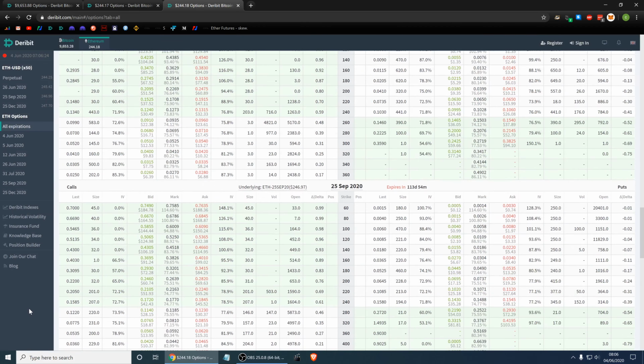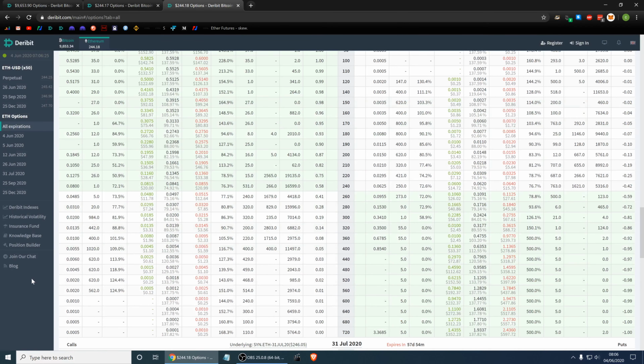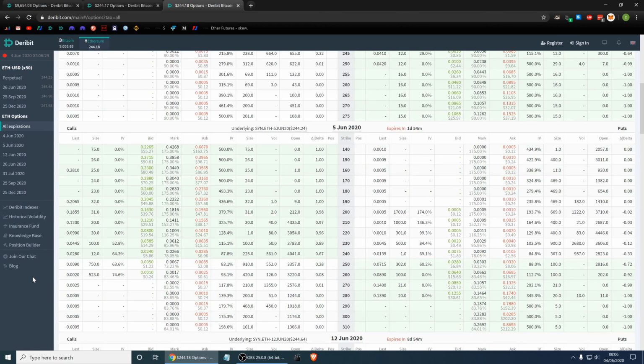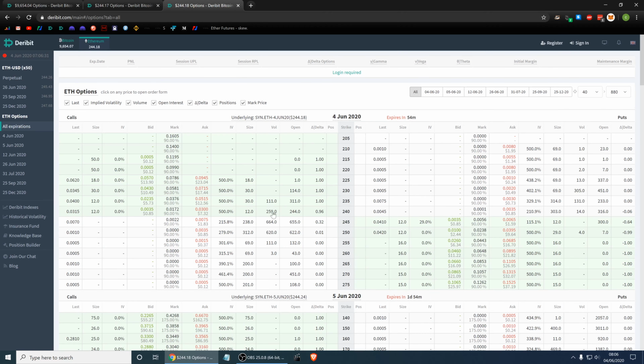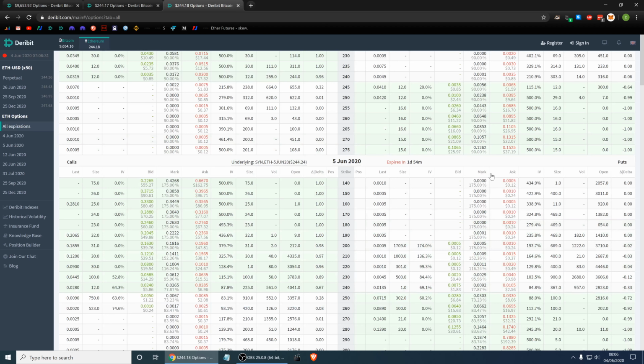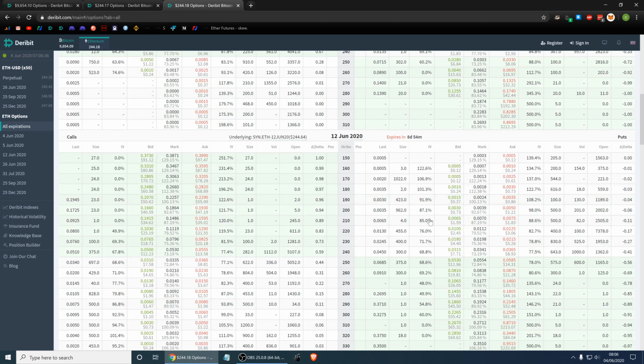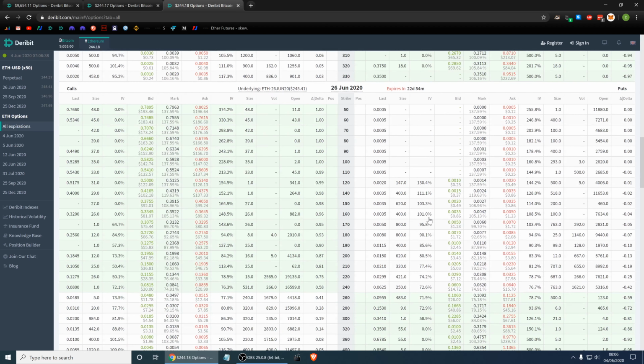showing that you are buying the option above the mark price, and I don't see any options here flagged as attractive prices.